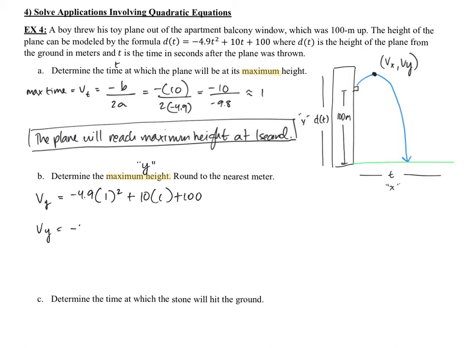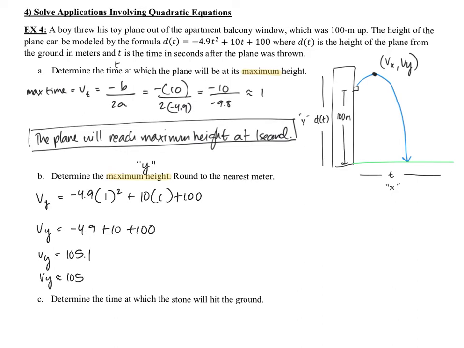So v sub y equals negative 4.9 plus 10 plus 100, which is going to equal 105.1, which will round off to about 105. Once again, we weren't given directions on how to round. So what is this saying?